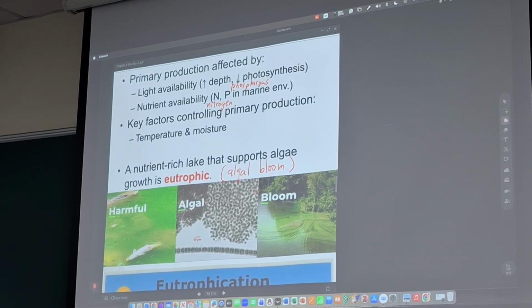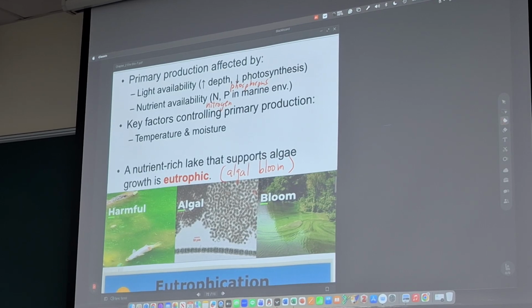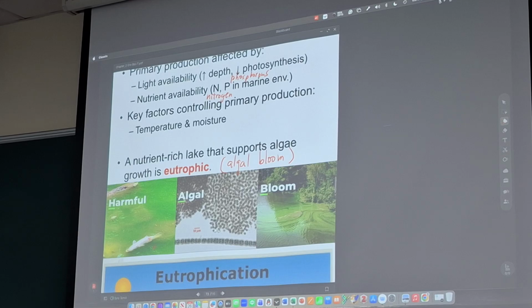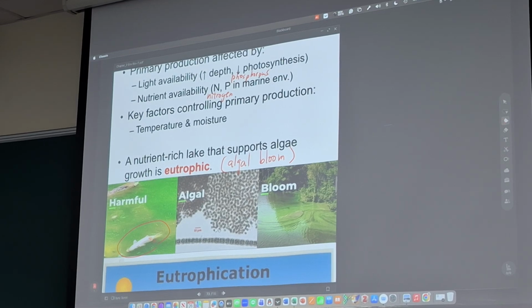And algae will compete for oxygen with aquatic animals. So those aquatic animals die. Understand? So we also call this eutrophication, also named algal bloom.